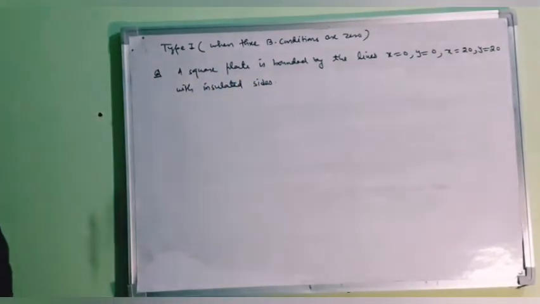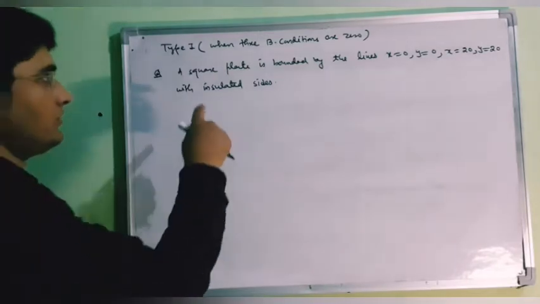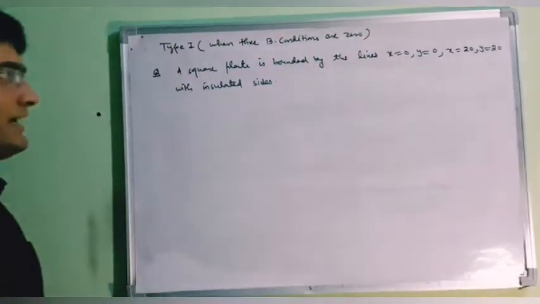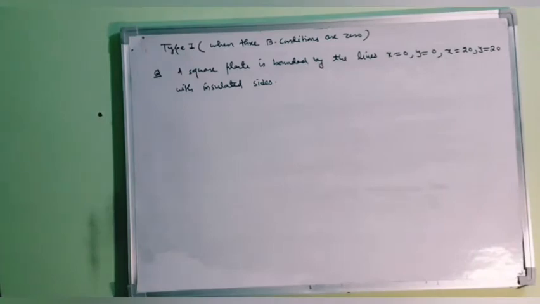So let us consider a rectangular plate with lines x equal to 0, y equal to 0 and x equal to 20 and y equal to 20.